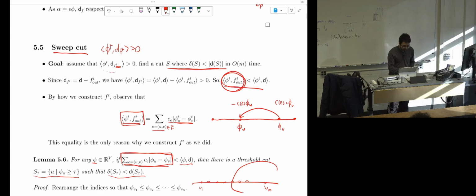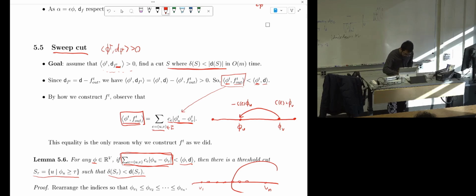When this is the case, it really just means that the inner product between the potential and the flow out vector is smaller than the inner product between the potential and the demand. And we analyze this thing, and we see that it's exactly this sum.